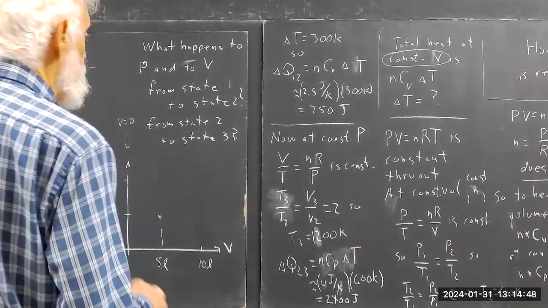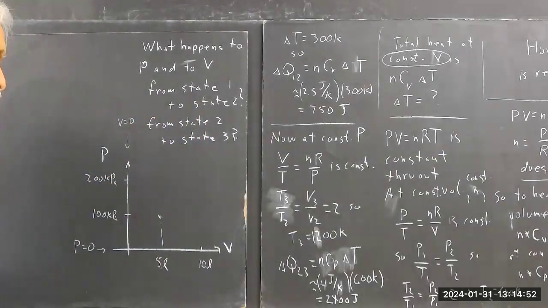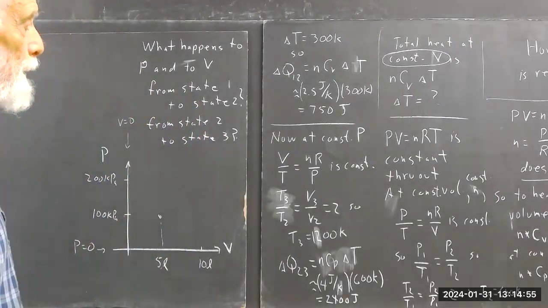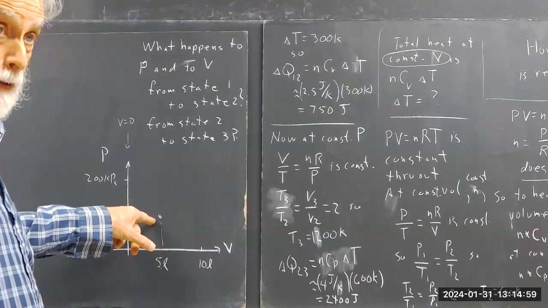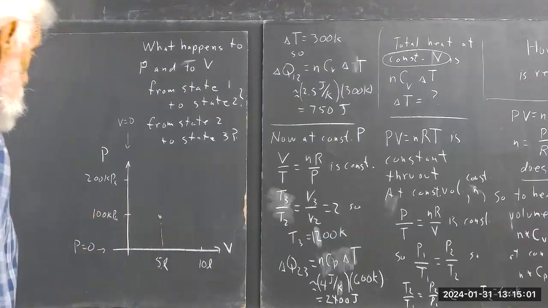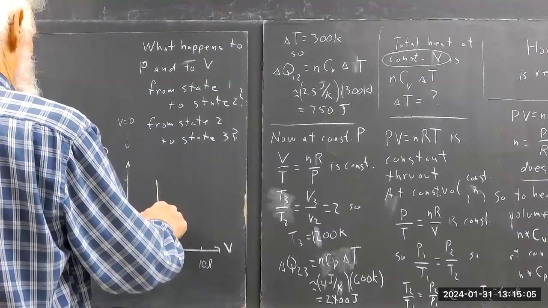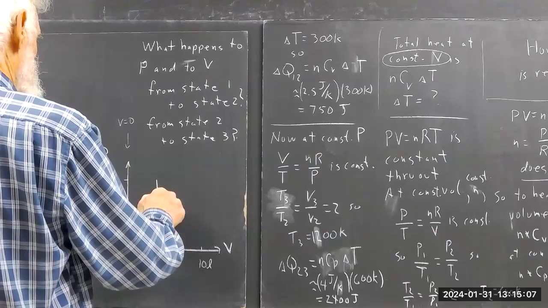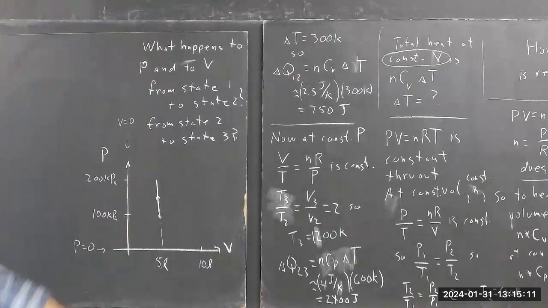Okay, so in state one to state two, what's the graph going to look like? Well, the pressure is going to go from 100 to 200 kilopascals while the volume remains at 5 liters, right? So that means we're going to have a graph with a little arrow on it indicating that things are going in this direction, right?